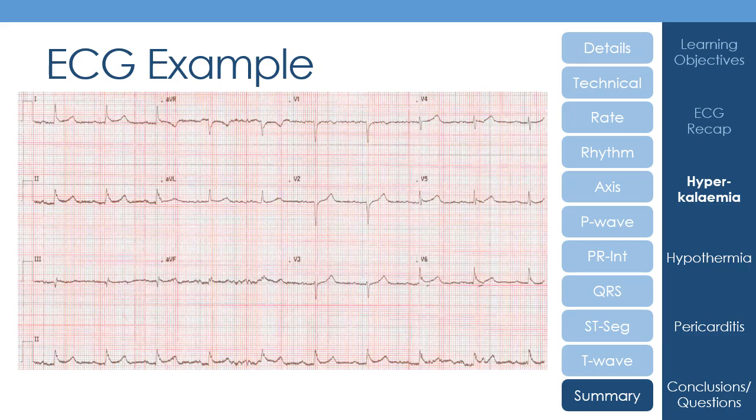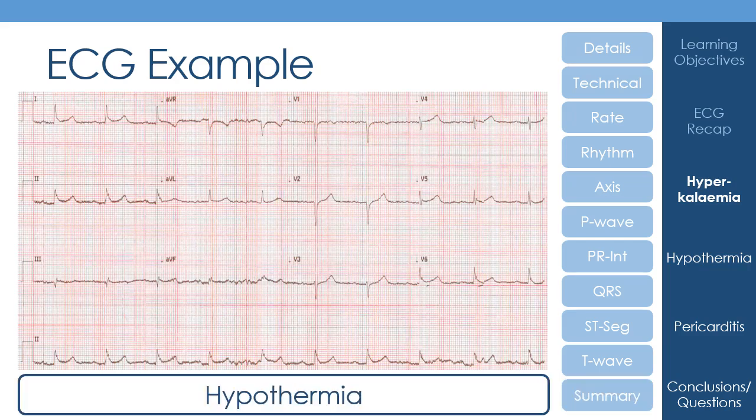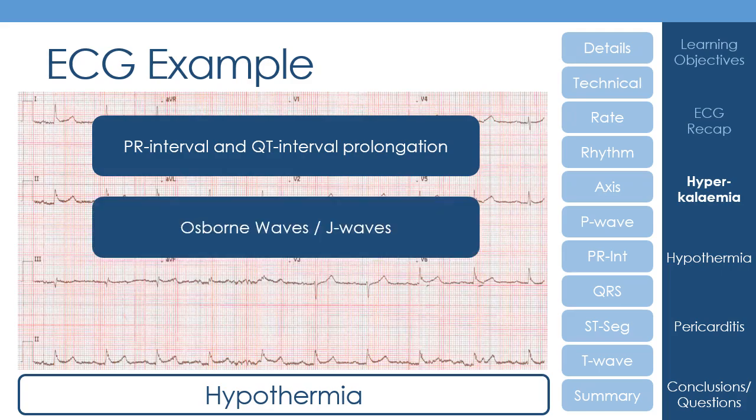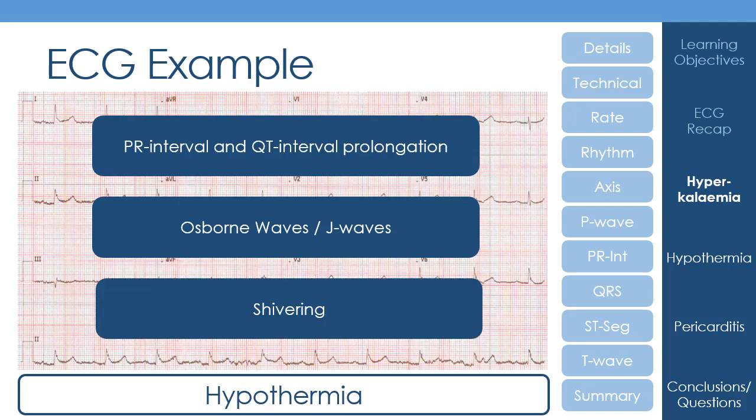So these findings altogether are in keeping with hypothermia, actually. To highlight the findings that point us in that direction, one is the PR and QT interval prolongation. The second is this Osborne or J wave, this little wave just where the J point normally would be that flicks up. And this interference is almost certainly shivering.